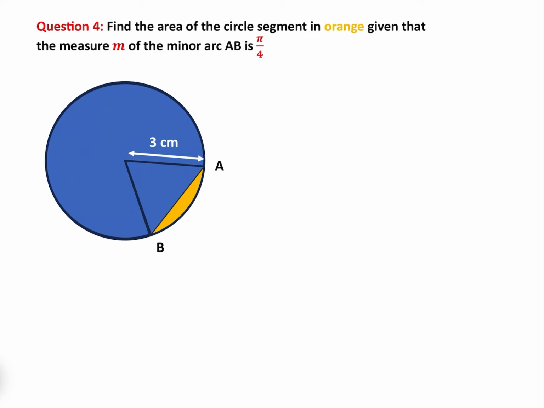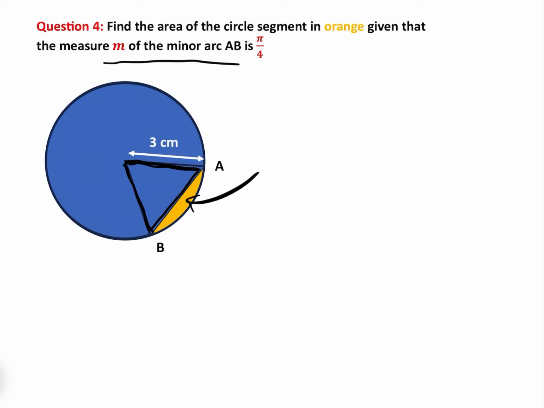Okay, so basically we need to find this bit in orange here. First of all, we need to find the area of this sector here, and then we need to find the area of this triangle here, and then we take one from the other, and that will give us the orange bit. So let's first look at the sector, and it's exactly the same.